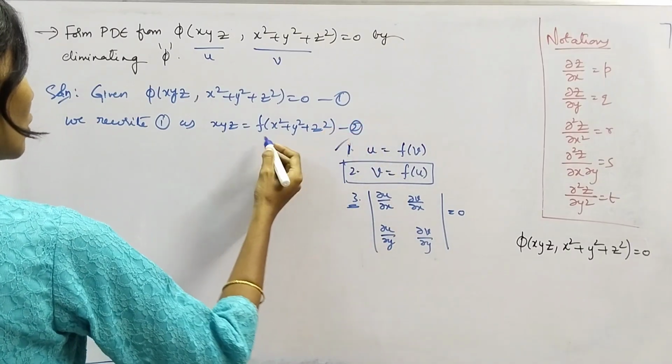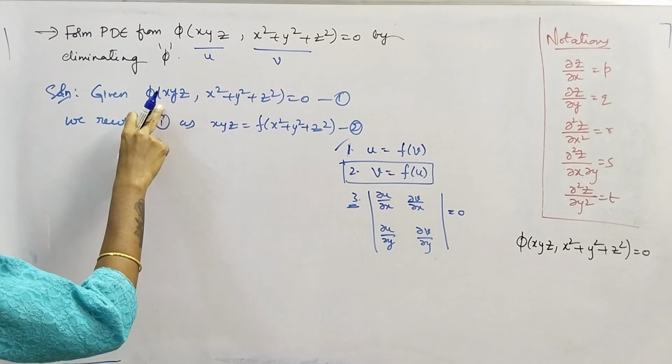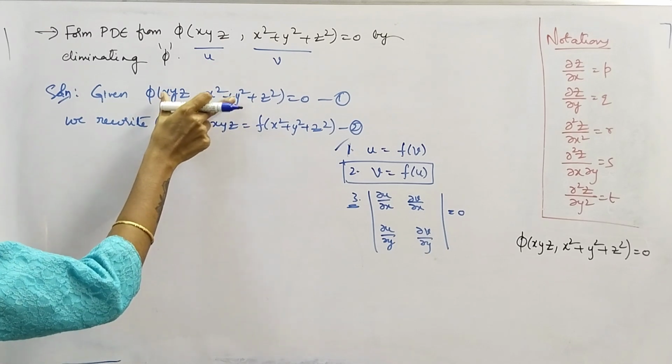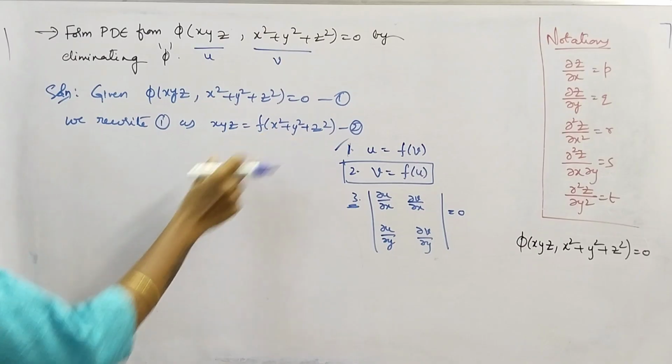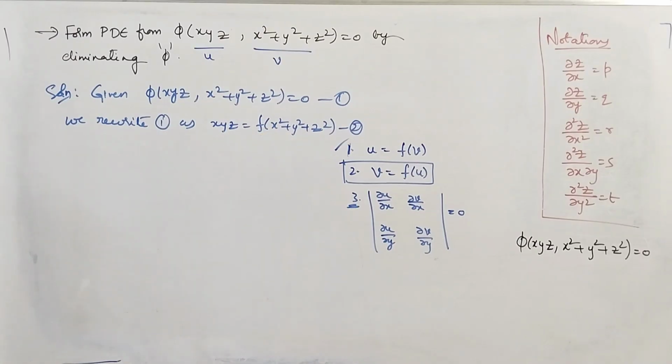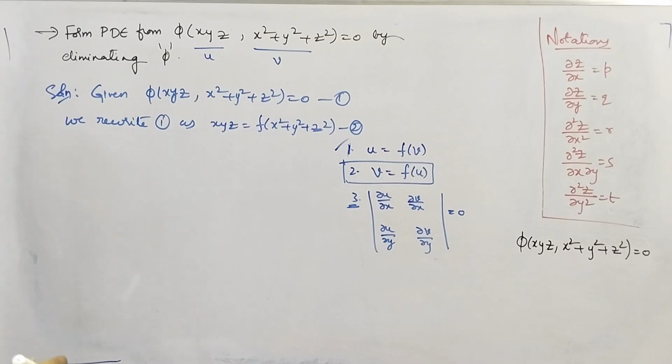Consider as equation number 2. Here f is the arbitrary function. Phi is the arbitrary function in the given equation, and we have rewritten it to u equal to f of v form, and here f will be the arbitrary function.